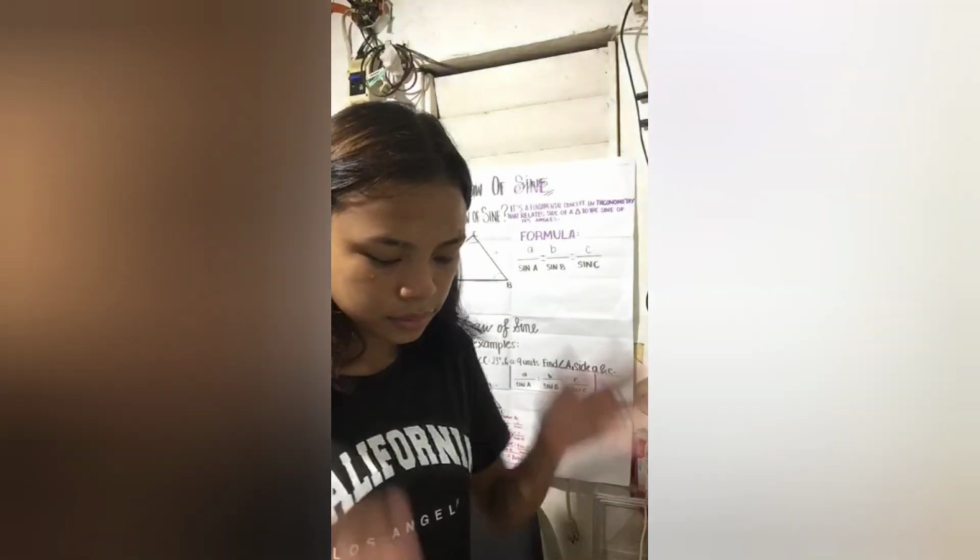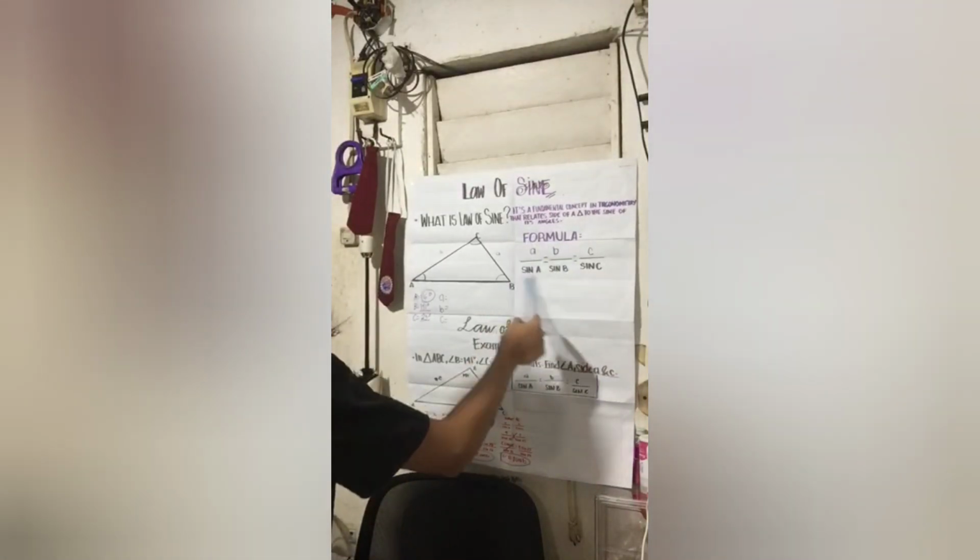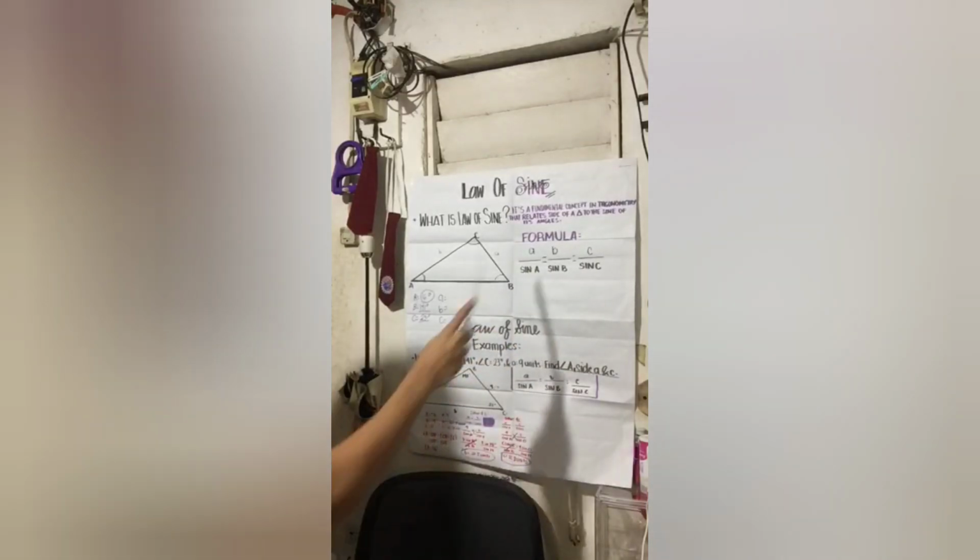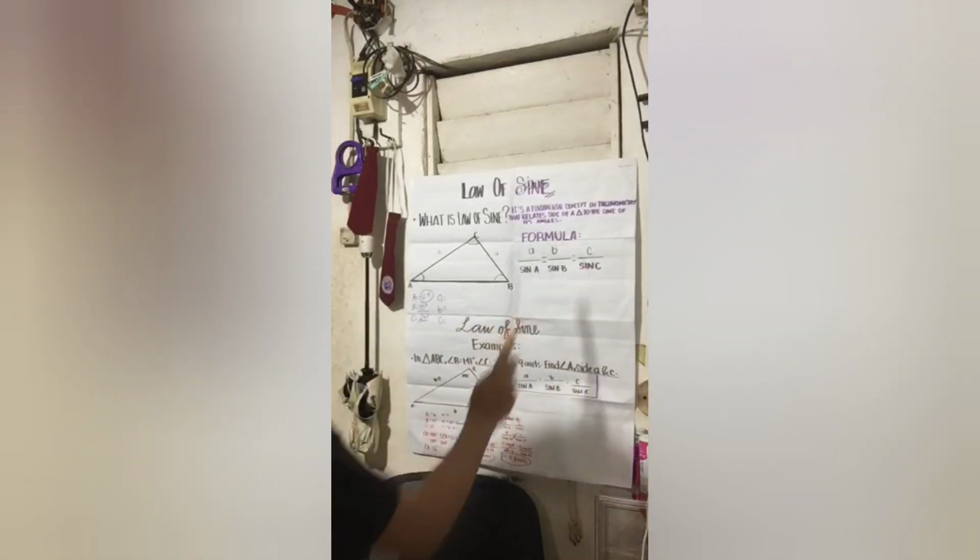Next, let's solve for B. We're going to copy this formula, which is a over sine A is equal to b over sine B. So, we'll just do this.